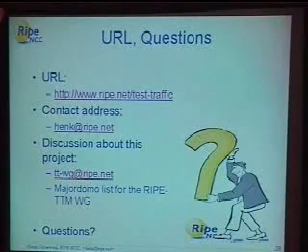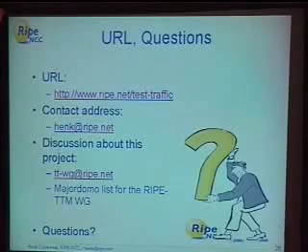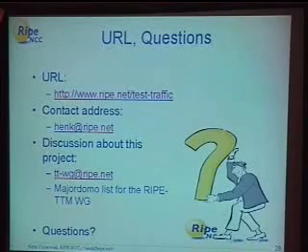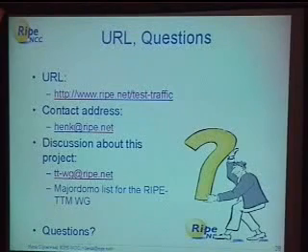If you want more information, just contact me. And if you want to participate in the discussion about the development of this project, you can subscribe to the mailing lists hosted at the RIPE NCC for the working group inside RIPE that discusses this project. And with that, I'd like to open the floor for questions. Thank you.